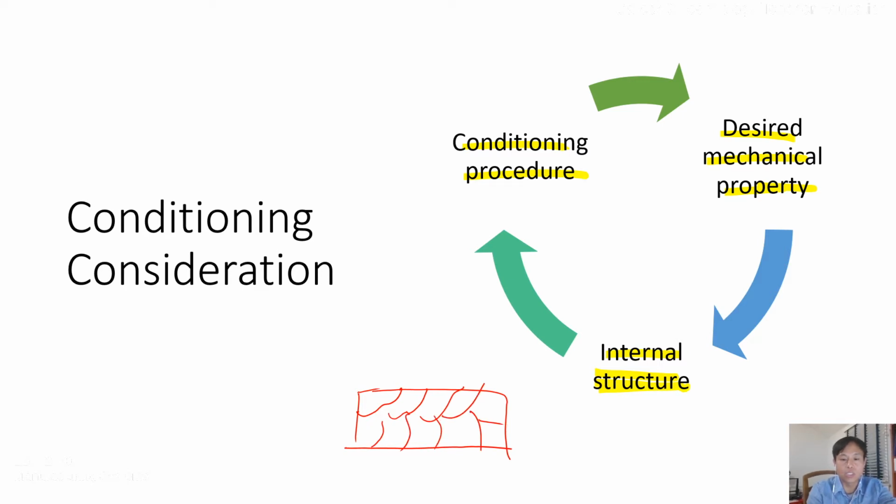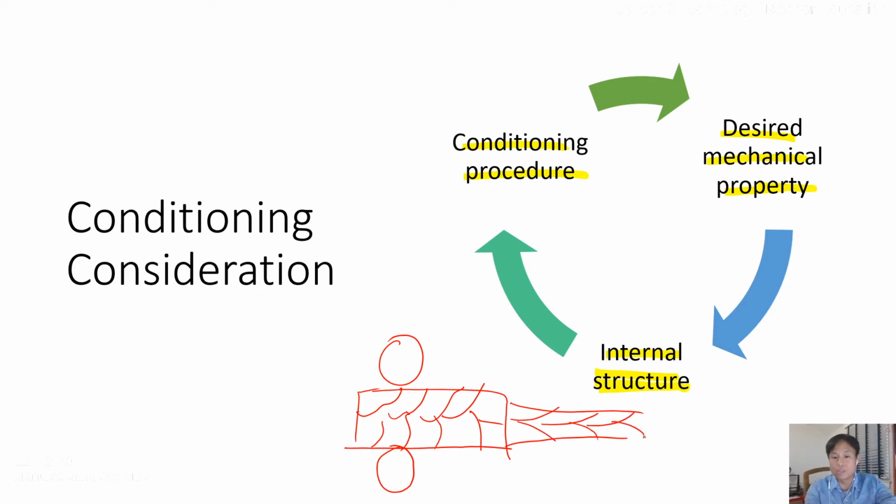So we need to consider its internal structure. If we process it in a secondary process, such as rolling, that changes its internal structure, right? Like this, it could in general be much harder than the first structure. So we need to consider its internal structure.